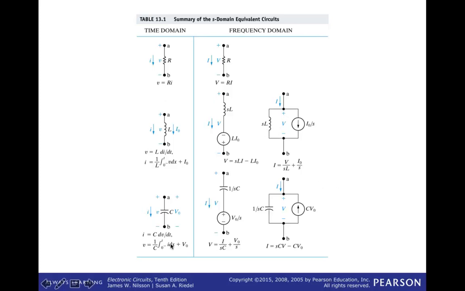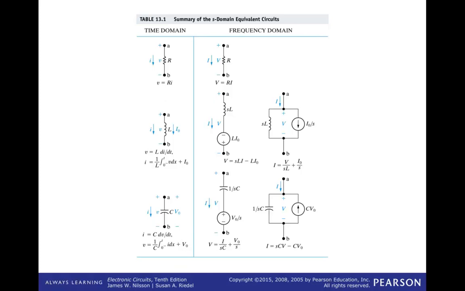The capacitor is similar. We have the equation for the capacitance in both differential and integral form. If we take the Laplace transform of the integral form of that equation, we get the following, where the V sub 0 goes to V sub 0 over s. The reason that occurs is that yes, it is a DC voltage, but it's a DC voltage that begins at t equals 0.